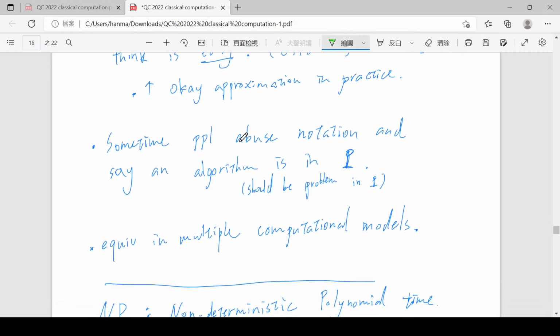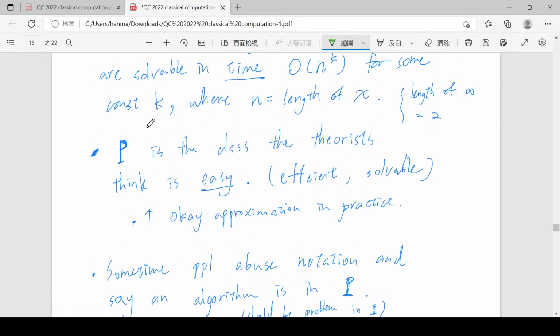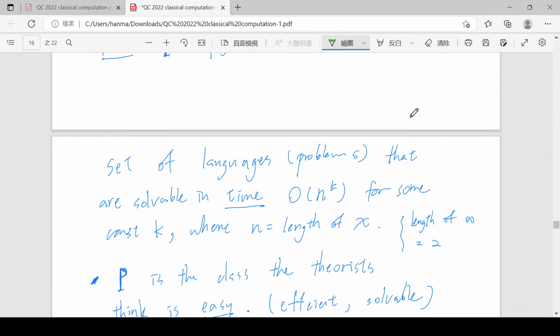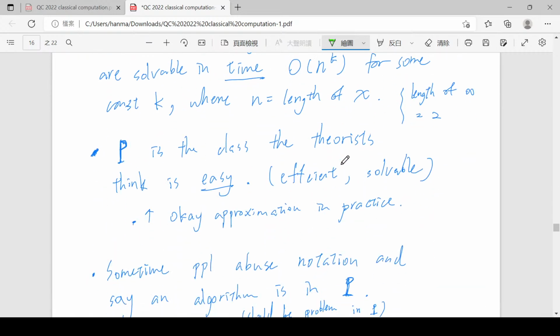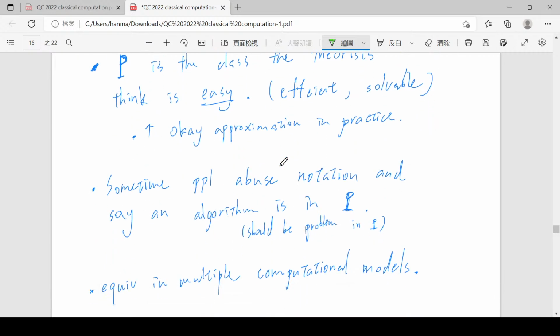Something I should state: remember, P is a set of problems, a set of languages. Problems and algorithms are different things. Algorithms are things that try to solve your problems.